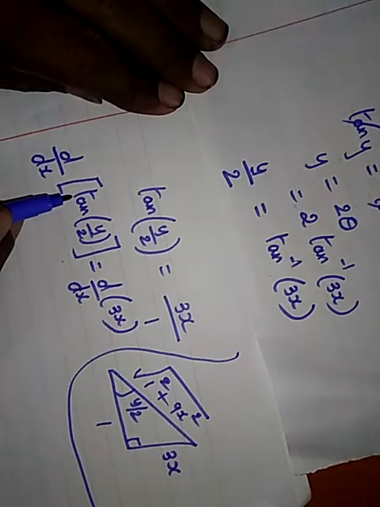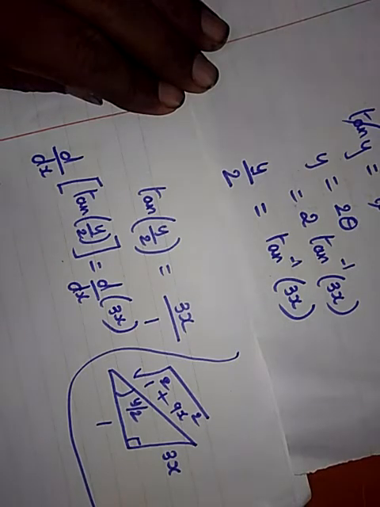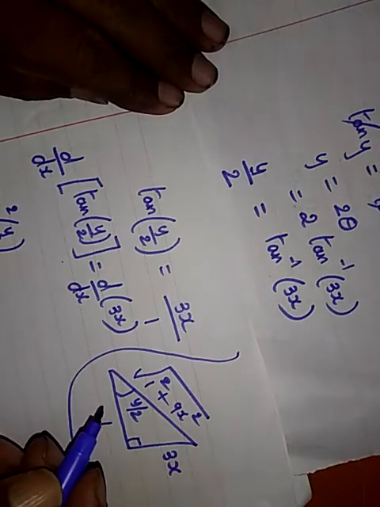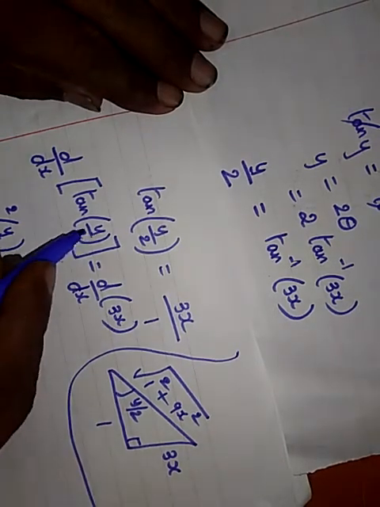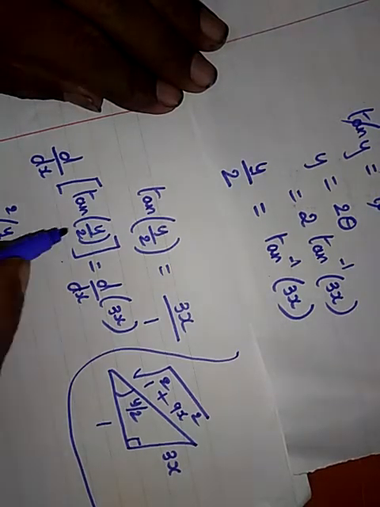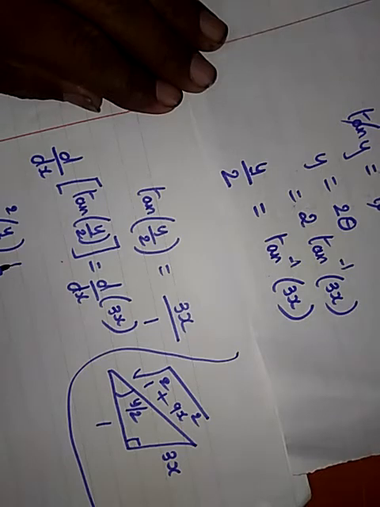Now differentiation of tan y by 2 is secant square y by 2. You all know that differentiation of tan x is secant square x. And once again we have to differentiate the inner function. That is, you have to differentiate y by 2. In that 1 by 2 is constant. And you differentiate y, you will get dy by dx.